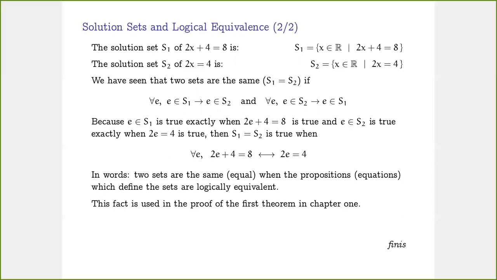In words, two sets are the same, that is, have the same elements, when the propositions or equations which define those sets are logically equivalent. As I mentioned earlier, this fact is used in the proof of the first theorem in Chapter 1.